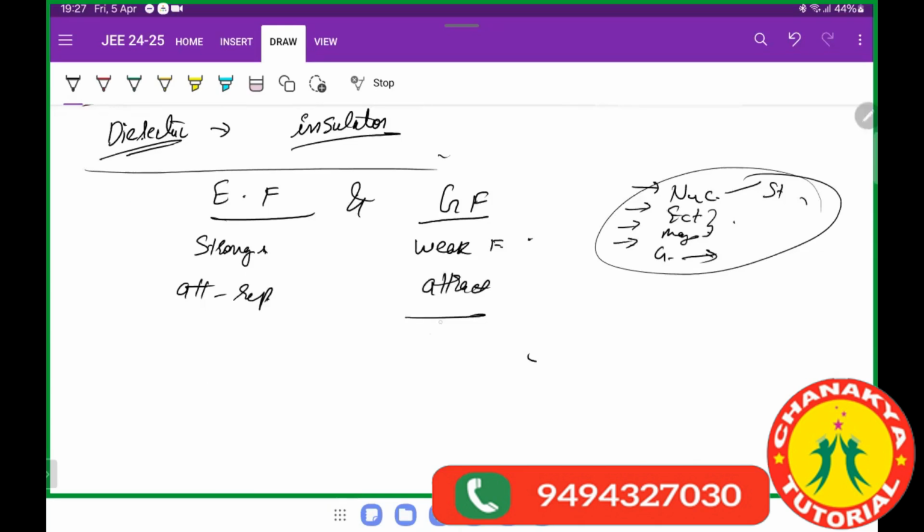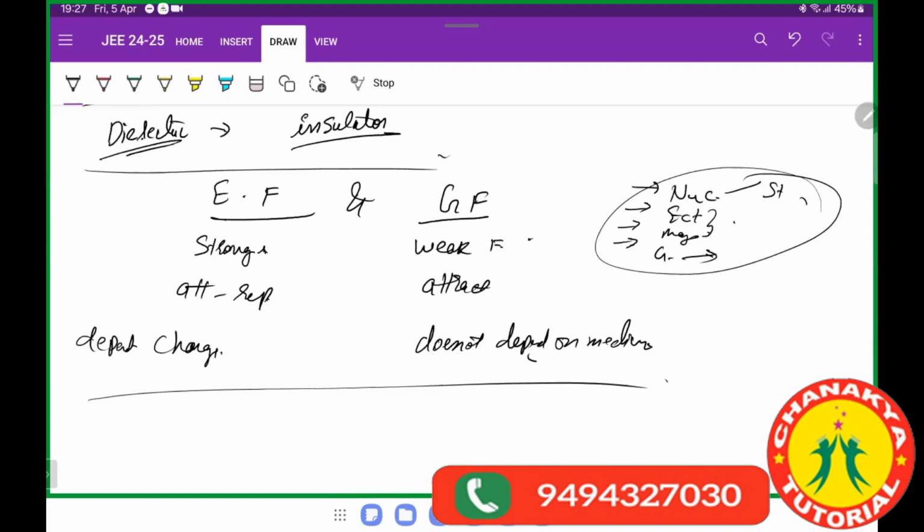Gravitational force is constant and does not depend on the medium, whereas electrostatic force depends upon the type of material. So it depends on charge. All this is basic.